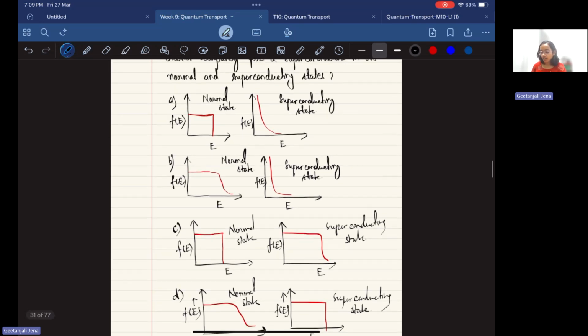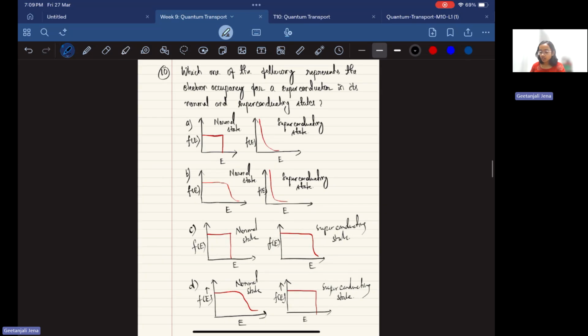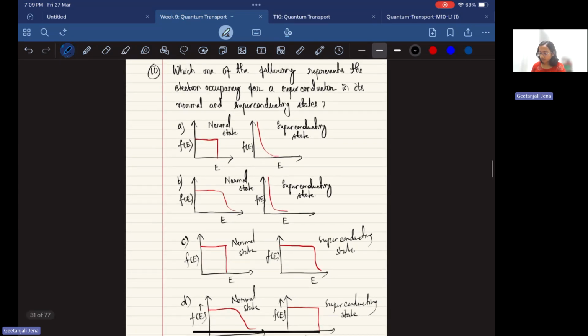So there are four options, and you need to find out which of the following correctly shows the electron occupancy of the normal and superconducting state as a function of energy.